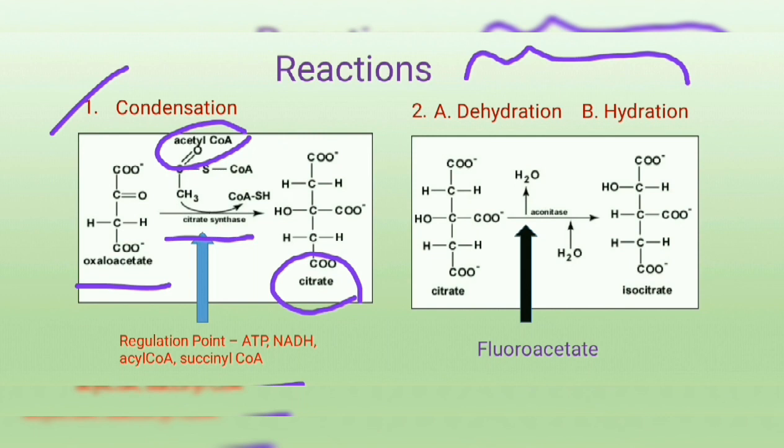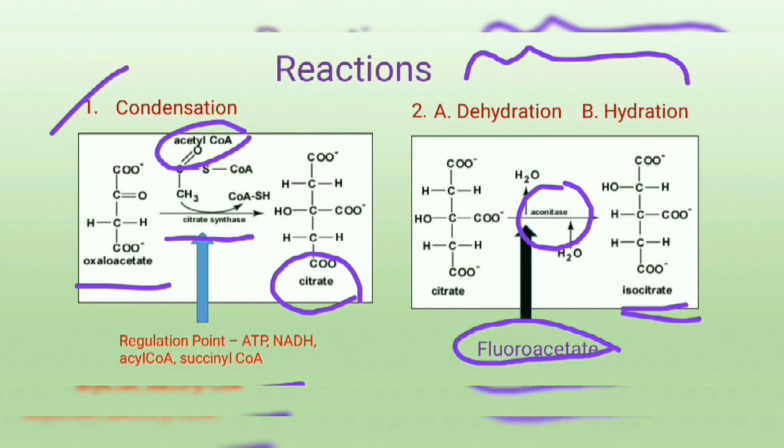Citrate is converted into isocitrate, and there is an intermediate product which is nothing but cis-aconitate, and both the reactions here are catalyzed by the enzyme aconitase. This aconitase can be inhibited by the inhibitor fluoroacetate. This molecule can inhibit the action of this particular enzyme aconitase.